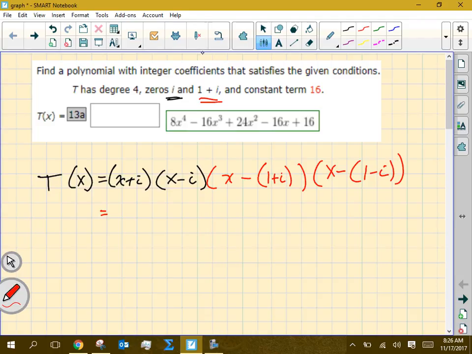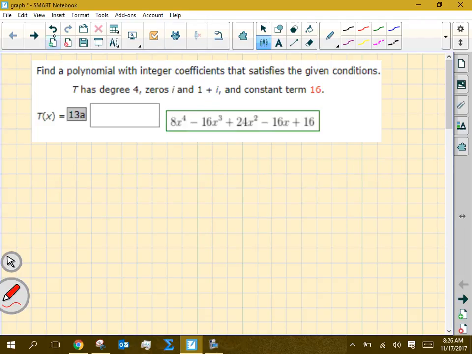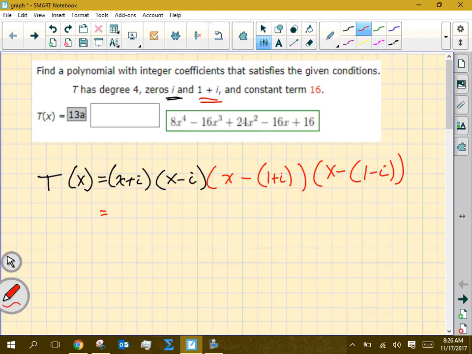This term there, if that was a plus, and that was a minus, and that was a plus, and that was a plus, then we would have conjugates. And what happens if I distribute?